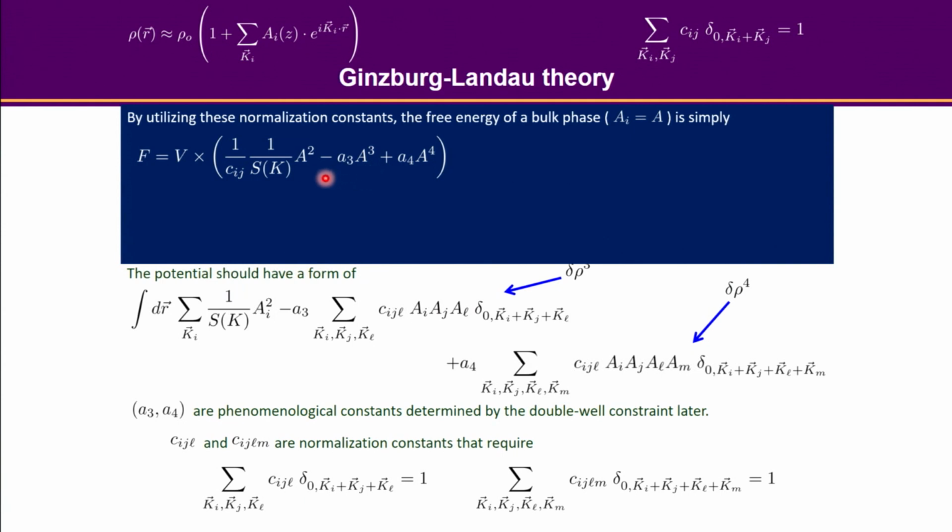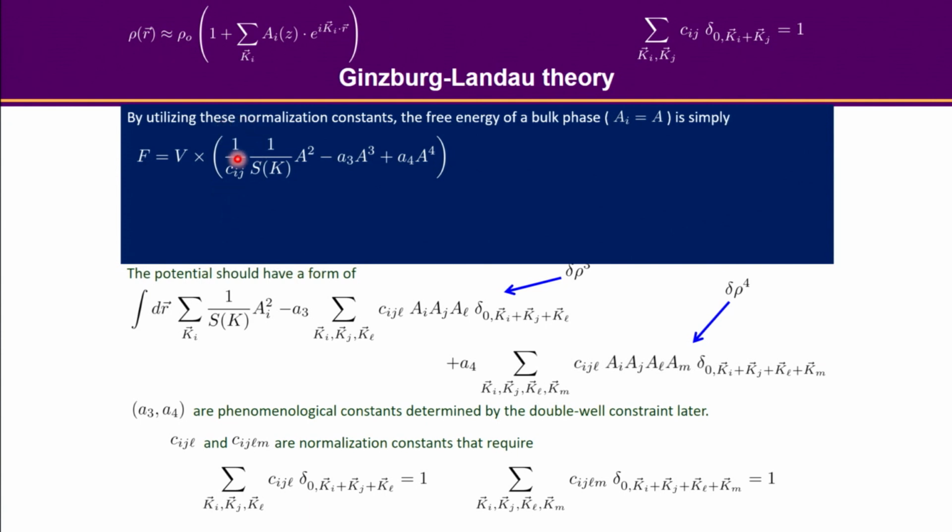So what we have here is the volume times this 1 over S of K, and the amplitude squared. But how can we have this extra 1 over Cij? The Cij is defined the same way, to normalize this kind of counting. Because for different crystal structures, for example for BCC, this summation goes from 1 to 12. So if I consider solid only, when I do the summation, it actually expands to 12. So that 12 will be the 1 over Cij, because in that calculation Cij will be 1 over 12, so take the inverse.